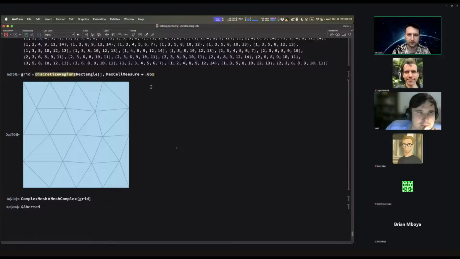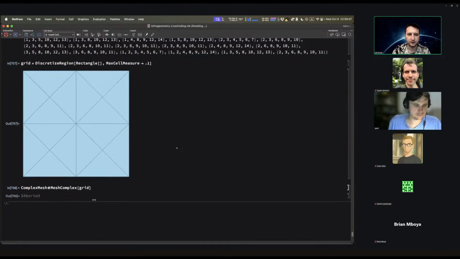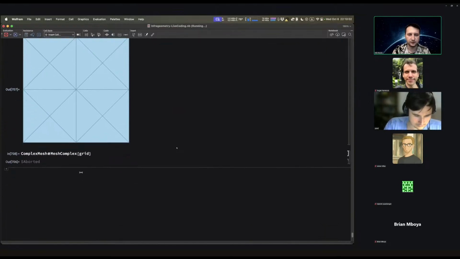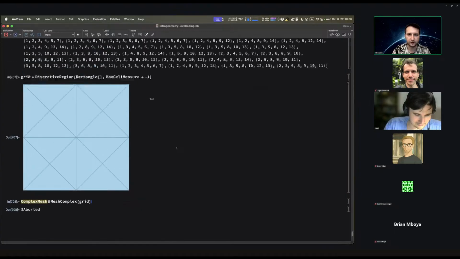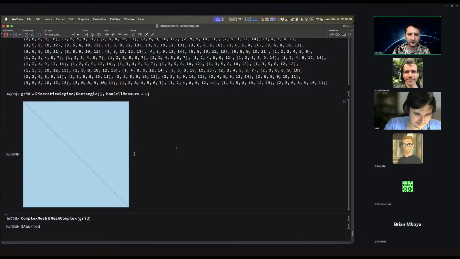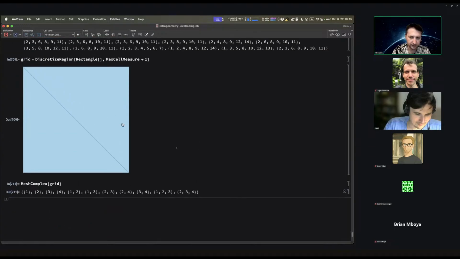Slow. I think it's a no. It's not going to work, even for this one. Oh, I'm trying to render it. I'm trying to render it.